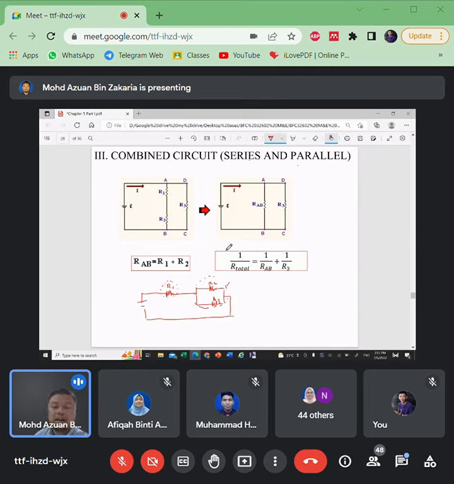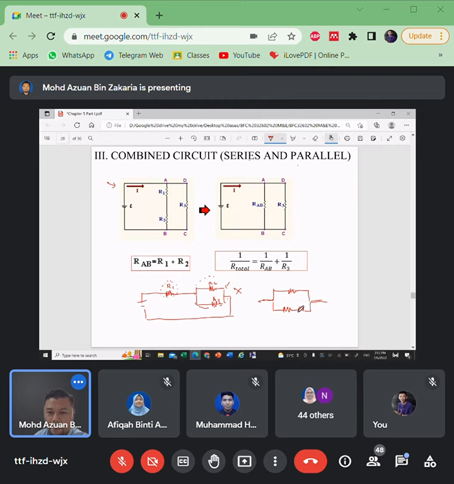Another thing, this example is actually simplified. Let's ignore this first and look in here. If in the parallel there is this, it can also be considered a combined circuit.